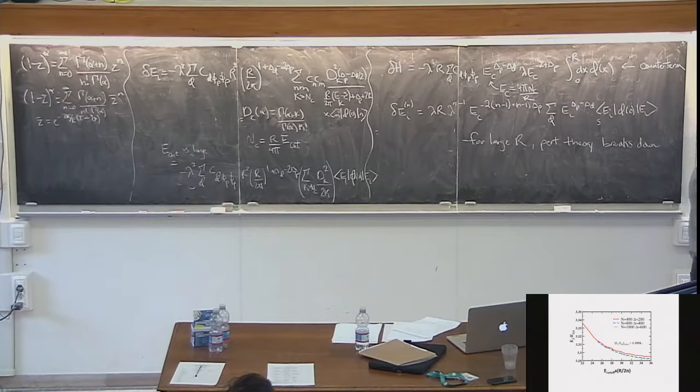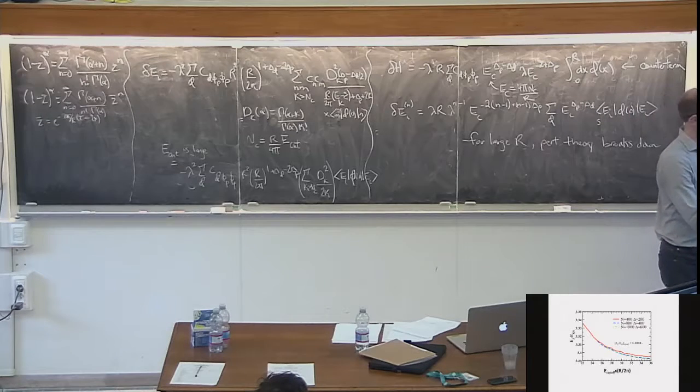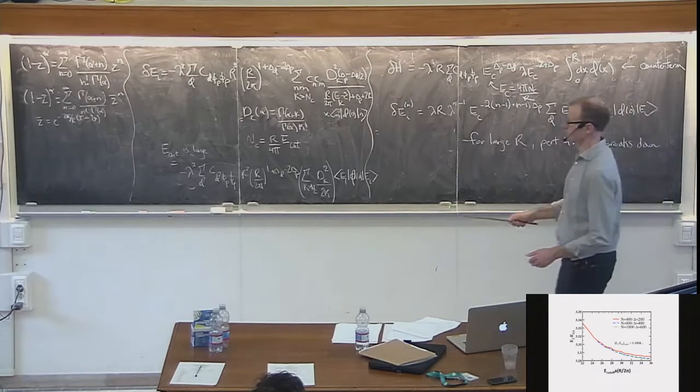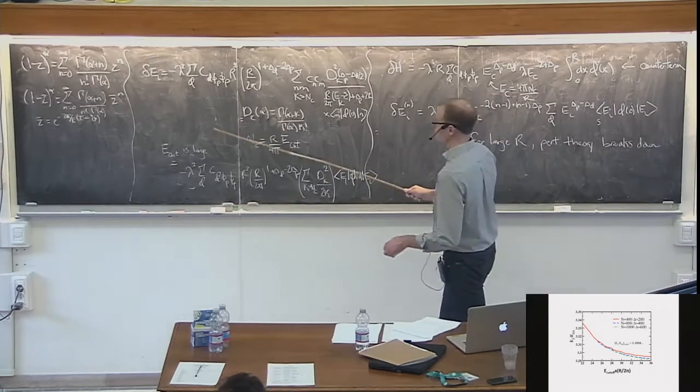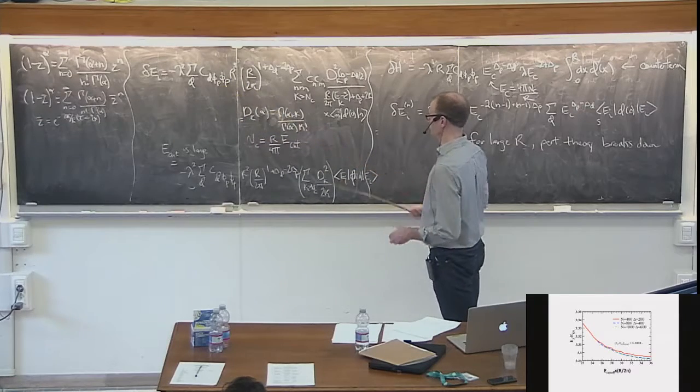You could say, suppose I just stop the numerical procedure at this dimensionless cutoff energy, and then compute the correction energy using this formula.